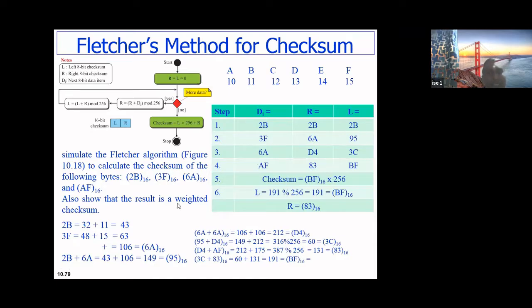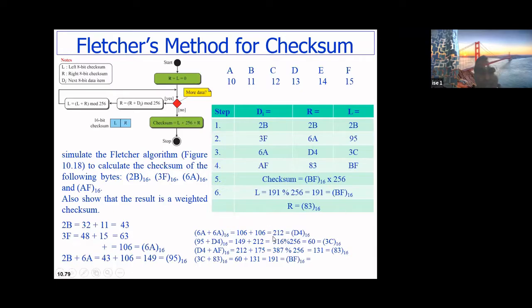So this is nothing but 6a plus 6a, which is 106 plus 106, which is 212. 212 mod 256 is nothing but 212 only because 212 is less than 256, right?